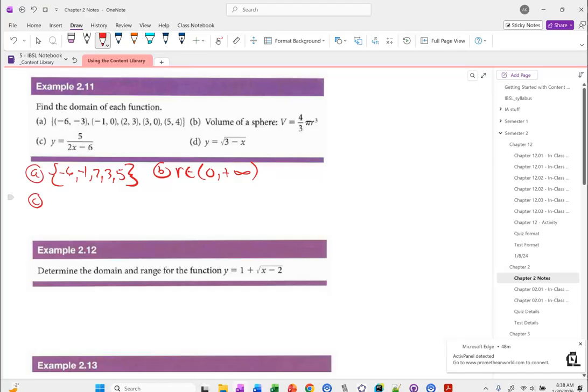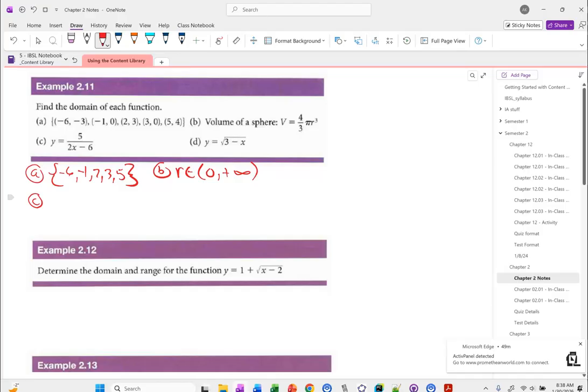Why? Can't divide by 0, right? So, are there any values for x that give me a 0 denominator? 3. Does everybody see that? 2x, or 2 times 3, is 6, minus 6 is 0. So, my domain should include everything except for 3.